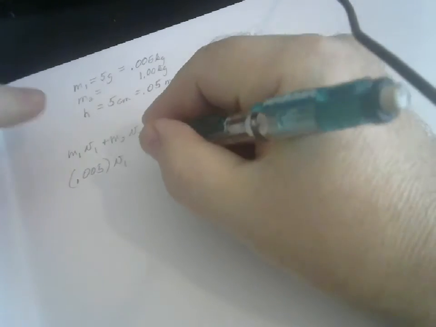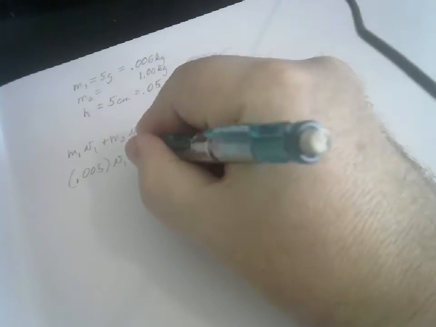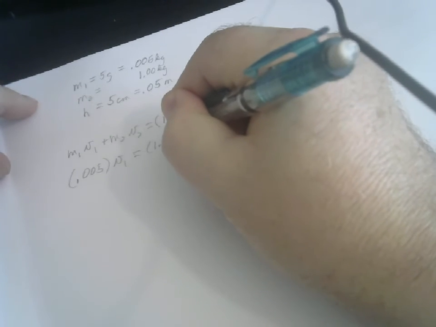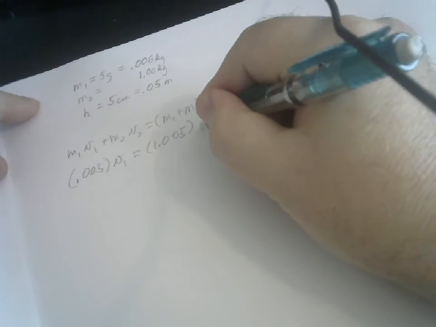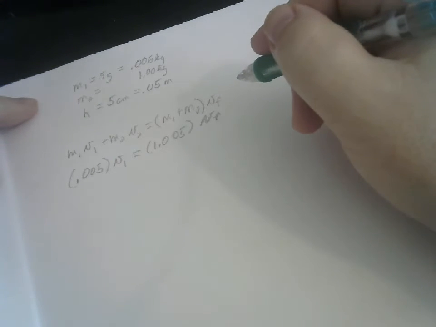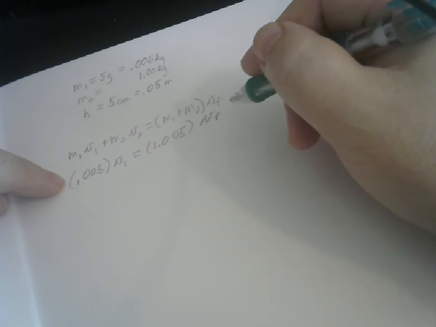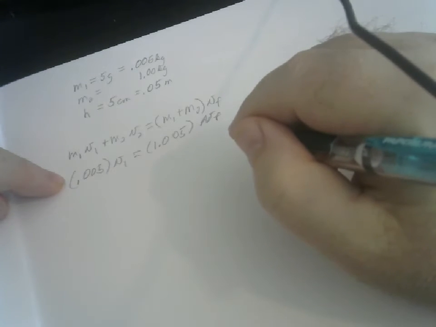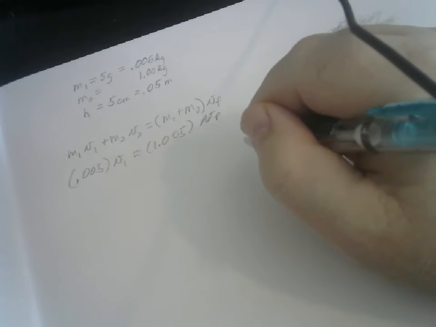We do know the velocity of the block is 0. Then we take 1.005 times our final velocity. That gives us the ratio between our final velocity and the initial velocity, but we don't know either of those yet.